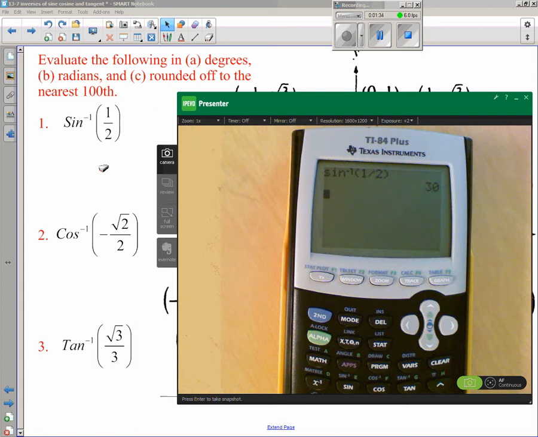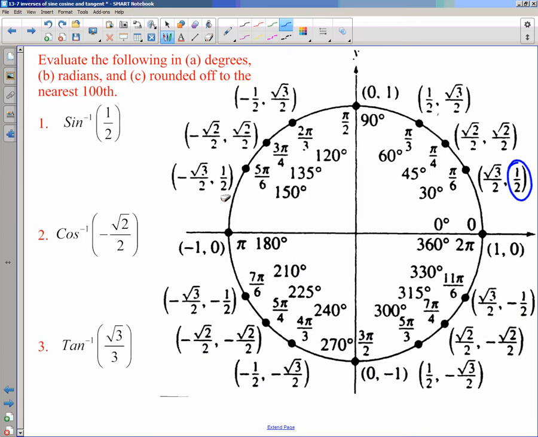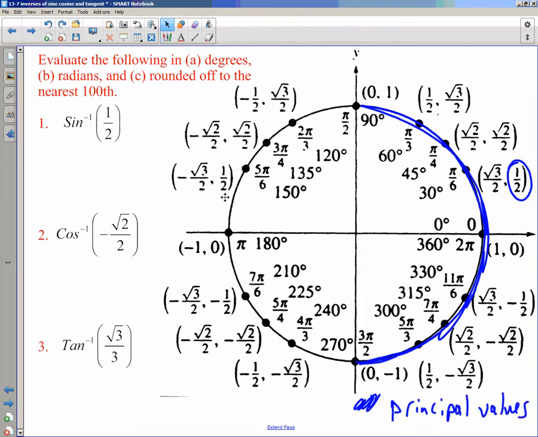And for sine, the principal values are between -90 and 90. Principal values for sine.